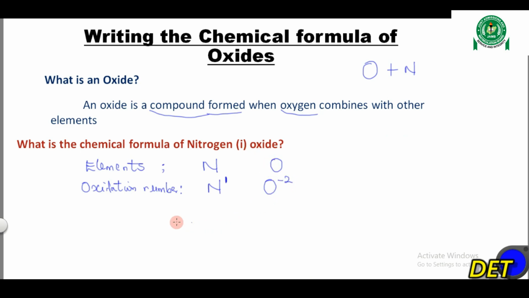Then the next thing is to write the valency, which is the combining power of an element. The valency is simply removing the charge, right? So the valency of nitrogen in this compound is 1, so this is N1. And the valency of oxygen in nitrogen 1 oxide is 2, so this is O2.